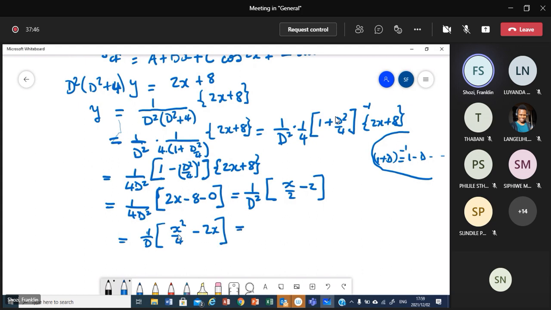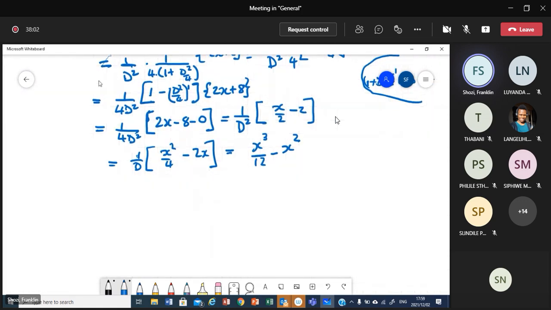Once more, integrate that. It's going to be x cubed over 12, plus the second integration of this, which I think is going to be x squared. I hope we are still okay there. Then finally, what is the answer? Your answer is y is given by y CF plus y PI. Let's go back.